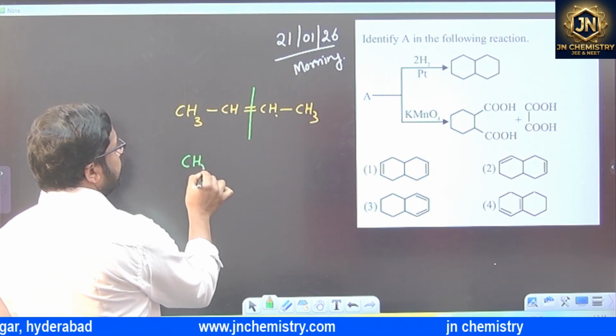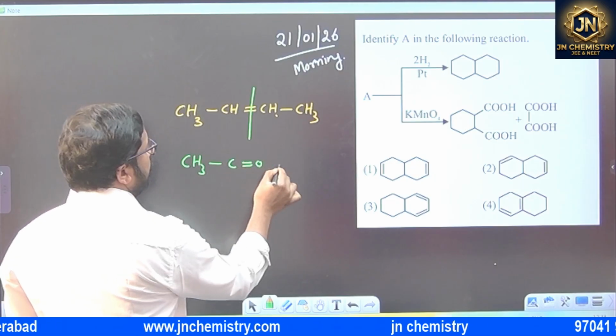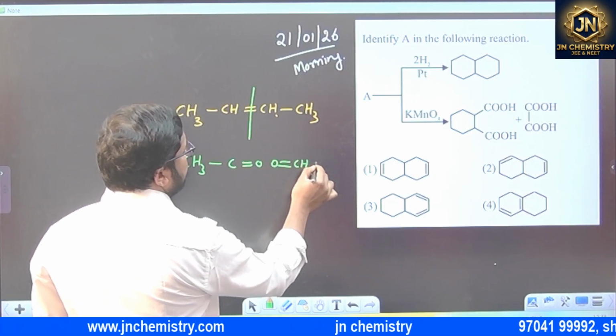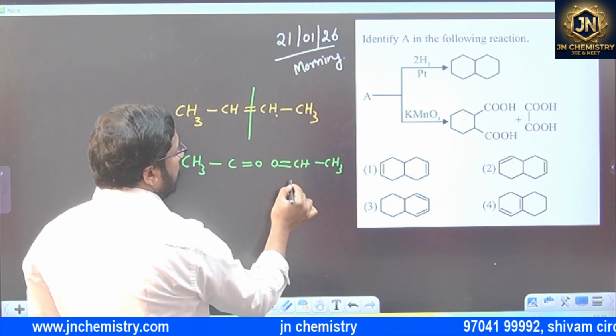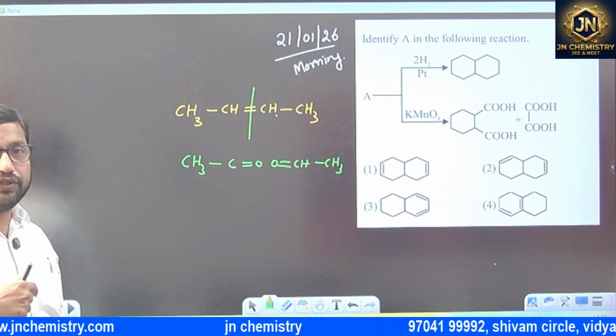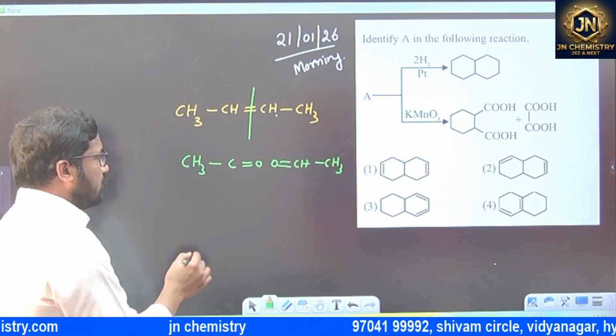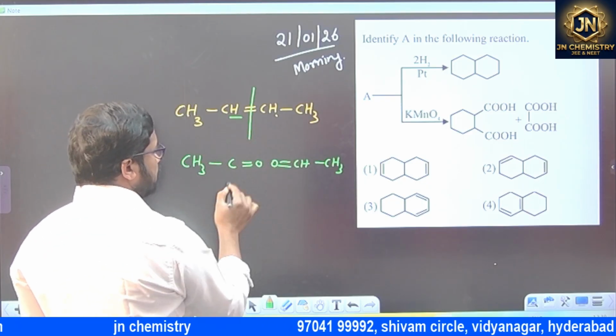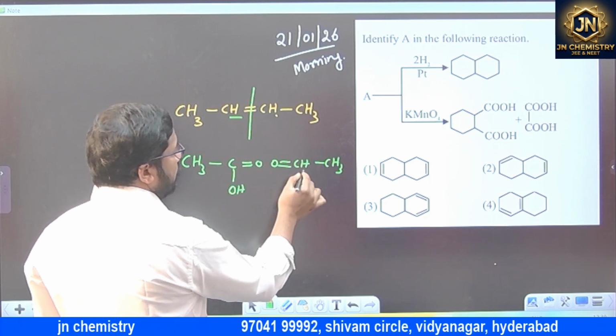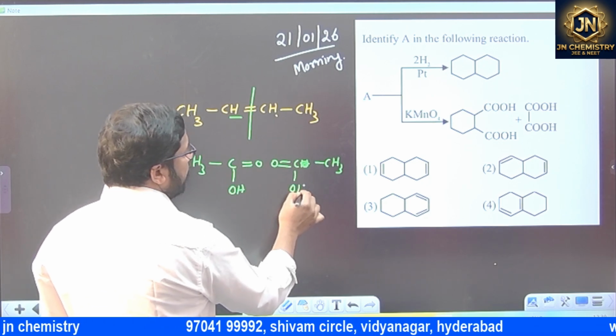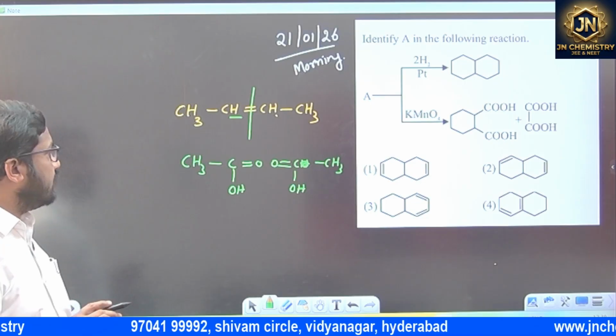Like CH3, C double bond O, and the double bond hydrogens we need to replace with OH group. Here 1 H is there, so directly I am writing OH, and carboxylic acids generally we will get.